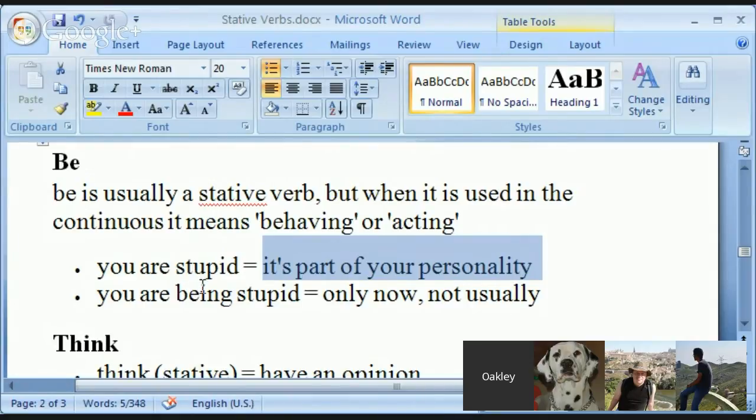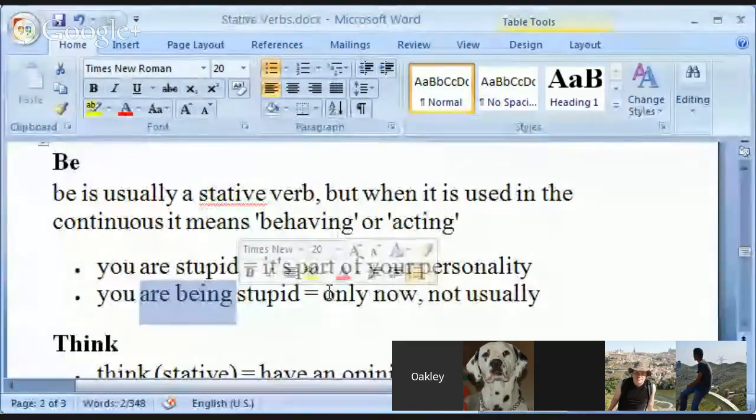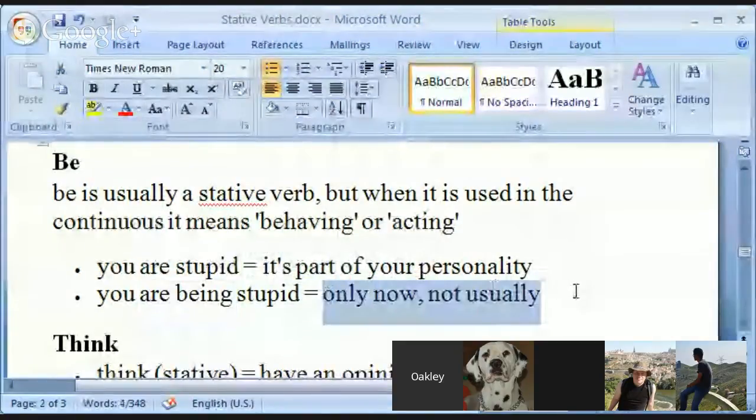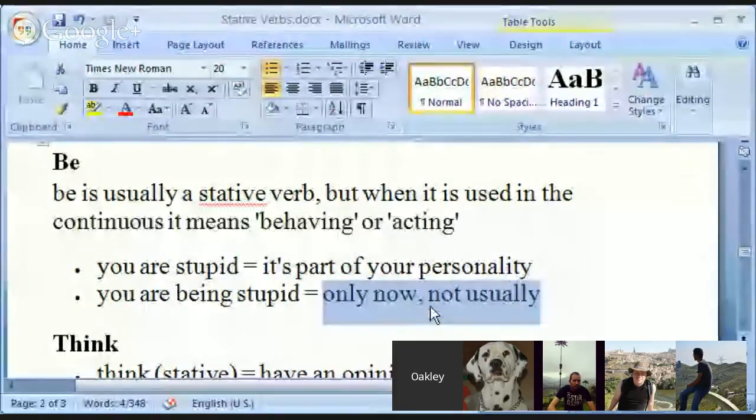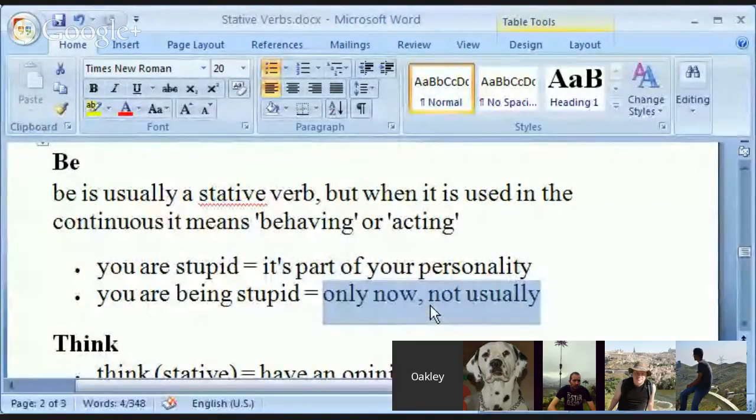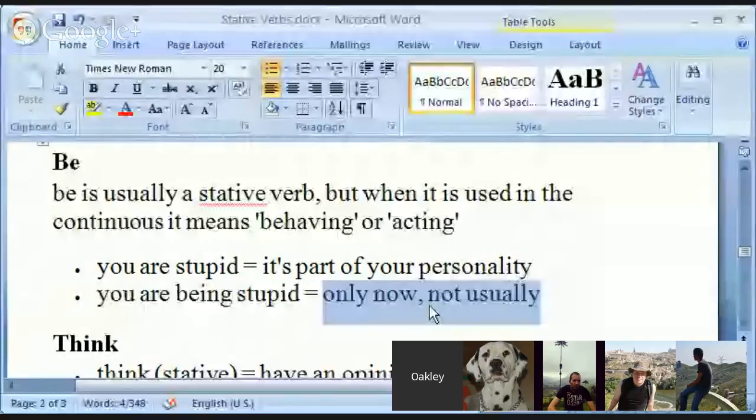Okay. However, it's perfectly correct in English to say you are being stupid, the verb to be and the ing form, present continuous tense. You are being stupid. This would be very common in English, but it means only now. Right now, you're being stupid. Okay. So, an action which is happening now, you're acting.